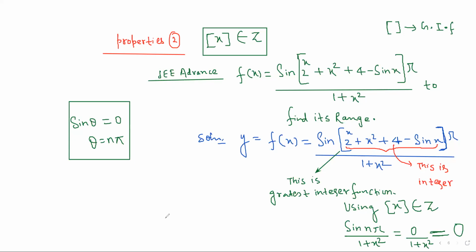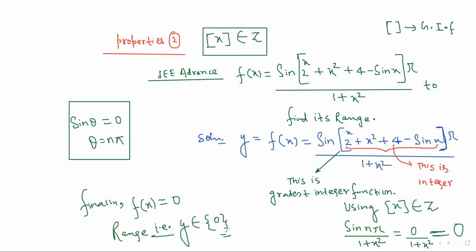So beta, finally what we got? f(x) is equal to 0, which means the range is y belongs to {0}.